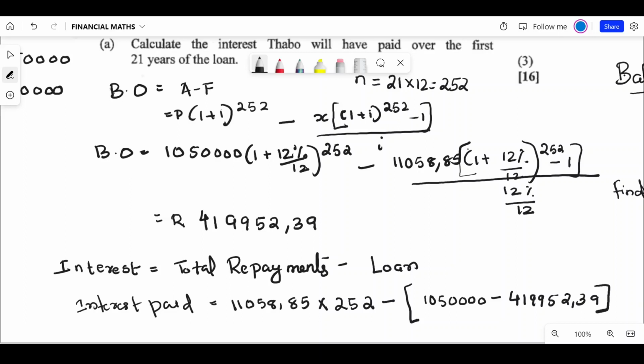So this is how you find the interest paid in this case. This is something that you need to note down. This amount is the loan paid in this case, only because we are finding the interest paid in between, not after the full 25 years. So the final answer is going to be 21,56778.52. That is the final answer.